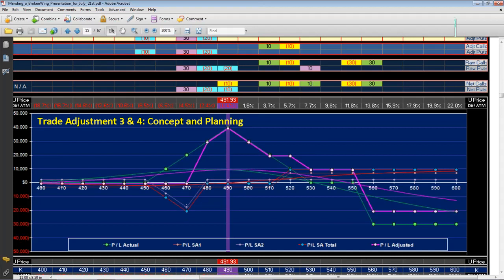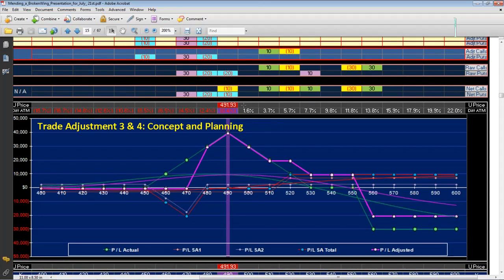The total adjustments are in red, with these little blue dots at each strike price. That's the total. That's buying back the call spread and selling off the baby butterflies all in one. It's merging the two, so you have that flexibility with two lines here for your what-ifs.